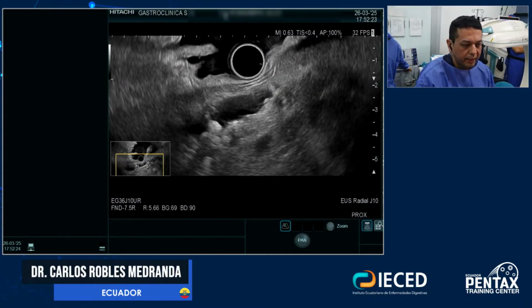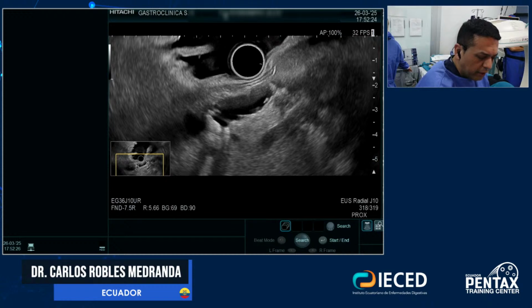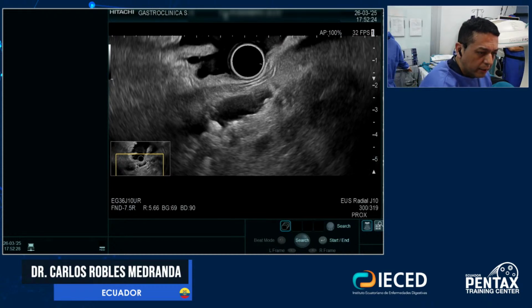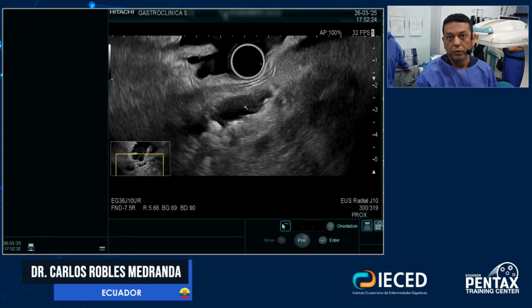The other thing is that I see a kind of slush, we can say that. So sometimes this could be mucus, or this could be just pancreatic secretion, juice, right?